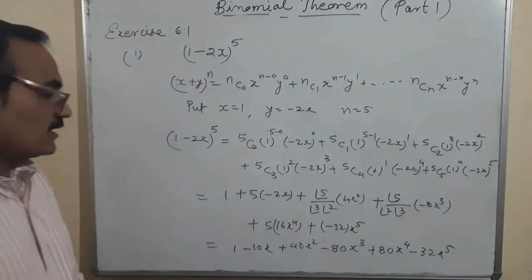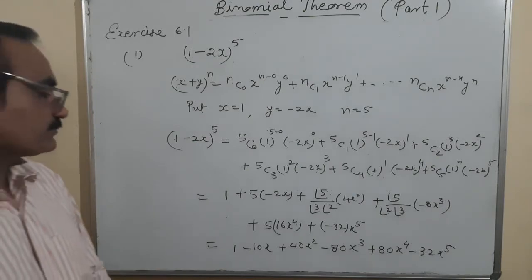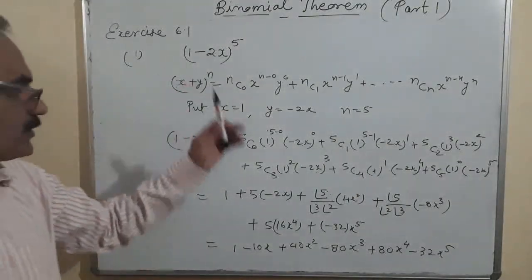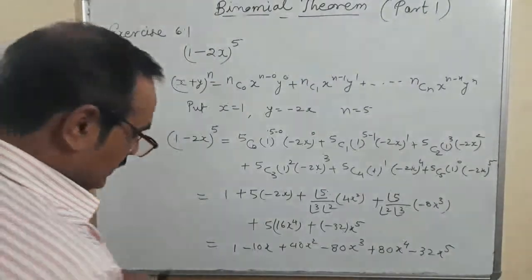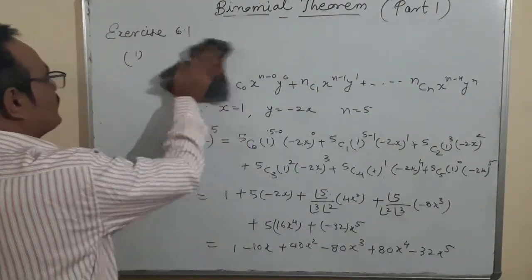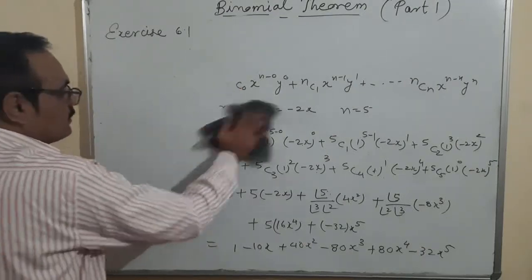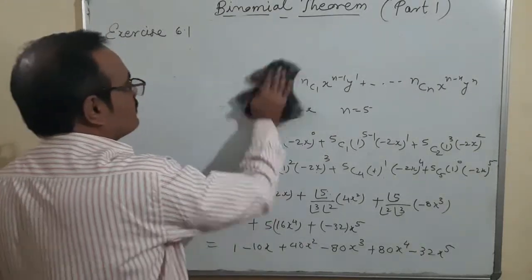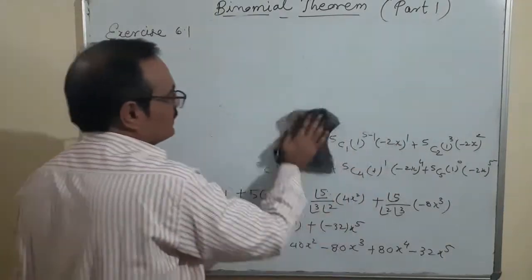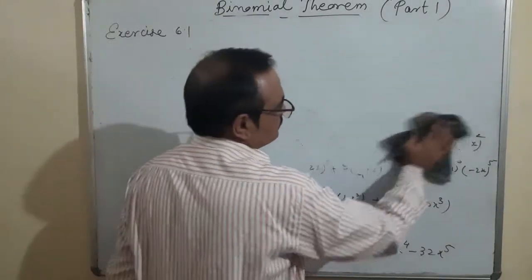This is the expansion of it. Okay. Clear? So with the help of that, you can find the expansion of any expression. Whether the term is given in only integer form or in the rational form, simply you will put the value and get the result. Okay.